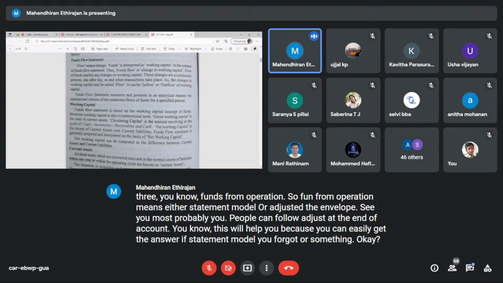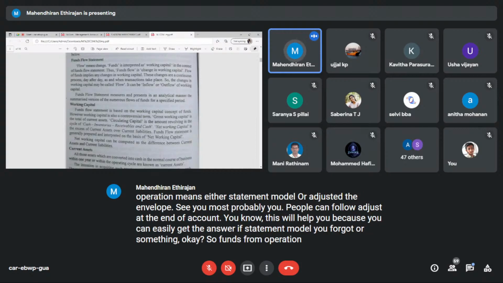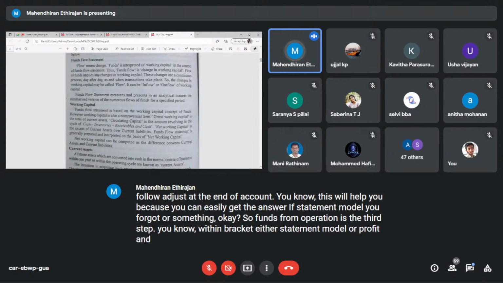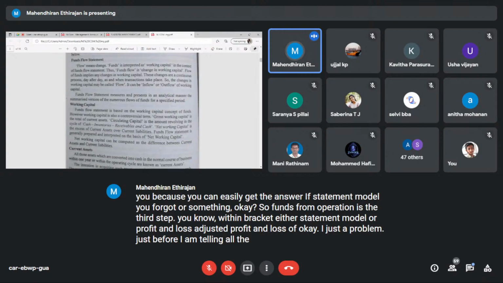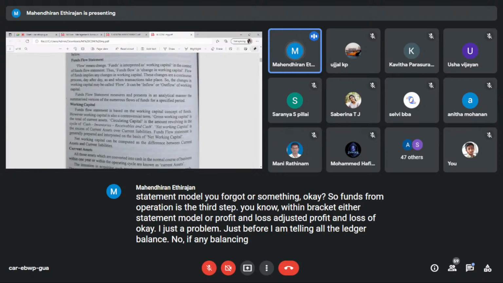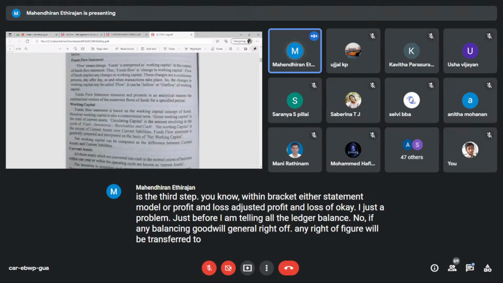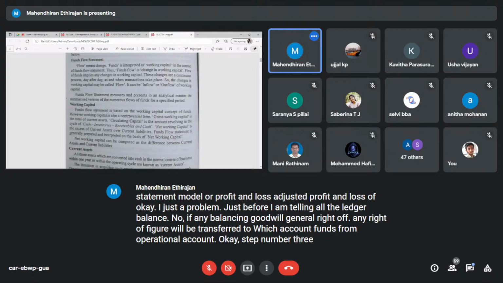So funds from operation is the third step, within bracket either statement model or adjusted profit and loss account. Just as I was telling you about the ledger balance, any balancing figure, goodwill, general reserve, any write-off figure will be transferred to which account? Funds from operation account. Okay, step number 3 is over.